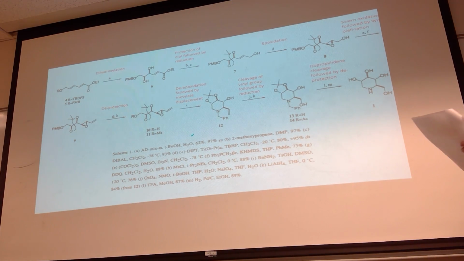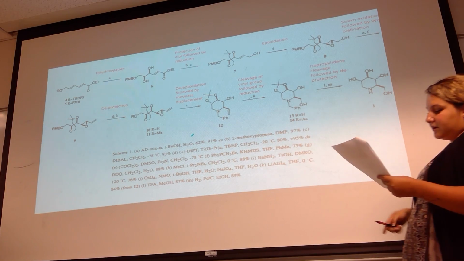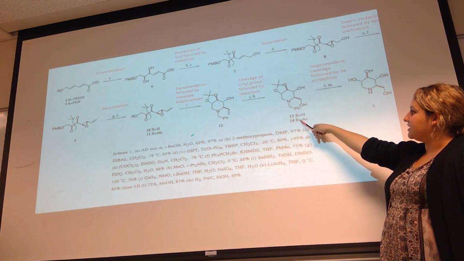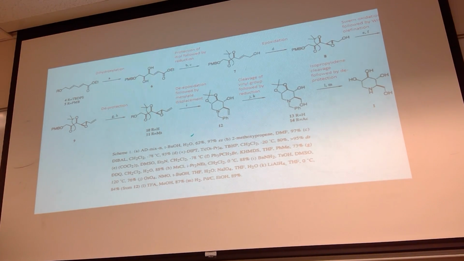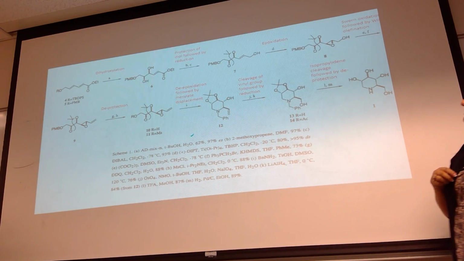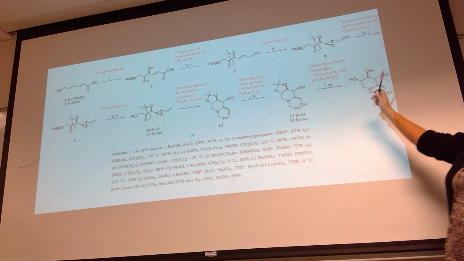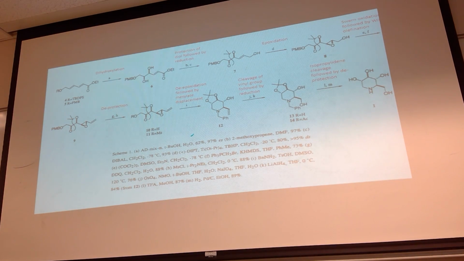So they wanted to verify and correct the relative stereochemistry. They converted it to the diacetate, which is 14, and they were happy with those results. It was exactly how they wanted it to be, so then they were able to cleave the isopropylidene and deprotect to give the final product of deoxynojirimycin.